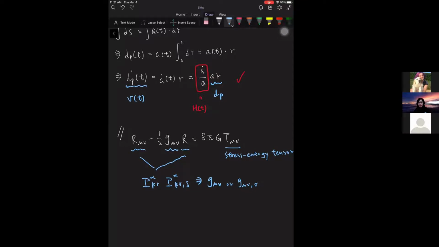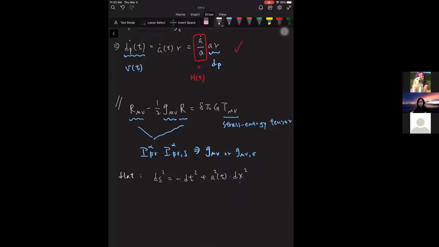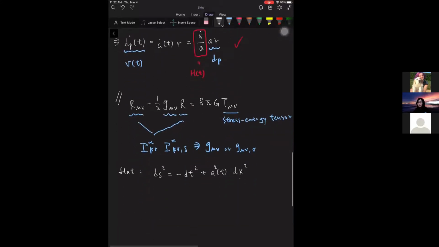For example, if we're considering a flat spacetime, then we will have a line element of ds squared equals minus dt squared plus the scale factor times dx squared, where x is the three-dimensional spatial coordinates. So there is a squared term in the spacetime metric. That's why we can derive the Friedmann equation directly from this Einstein field equation. So, this is just a short note.